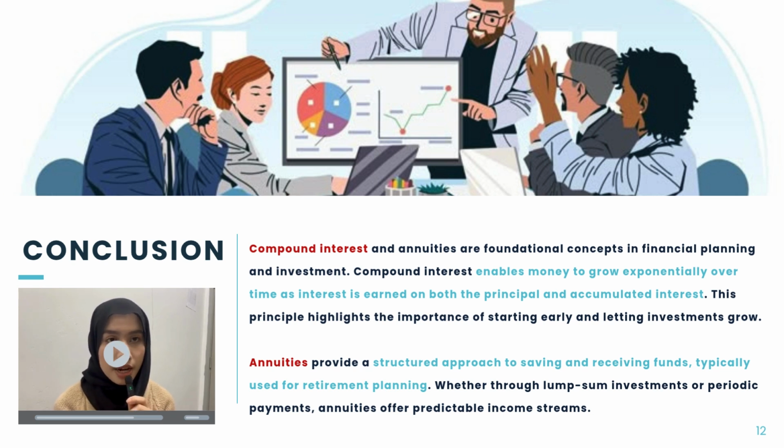On the other hand, annuities provide a structured approach to saving and reserving funds, typically used for retirement planning, whether through lump sum investments or periodic payments. Annuities offer predictable income streams. So, understanding both tools is essential for effective long term financial management and achieving financial goals.